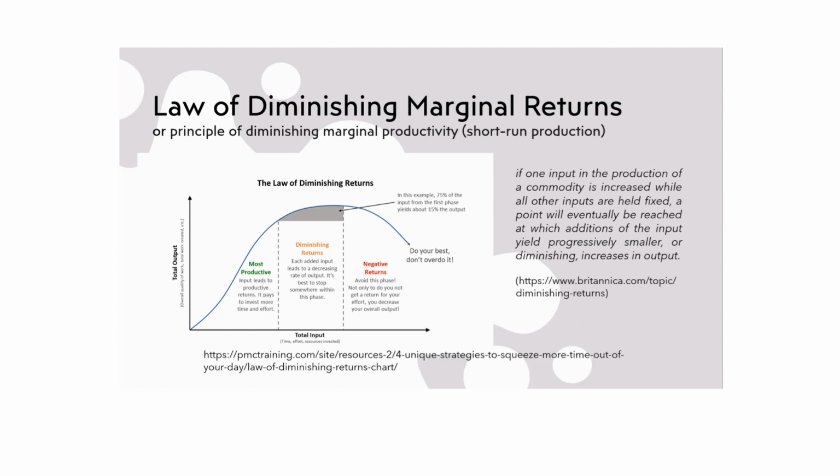So if some of the inputs are fixed, and then we add or lessen, or we vary the labor inputs, or at least one variable input, we could see how that variable input is adding to the total output. So there is a relationship really between total input and total output. As illustrated here, we have a curve, no?